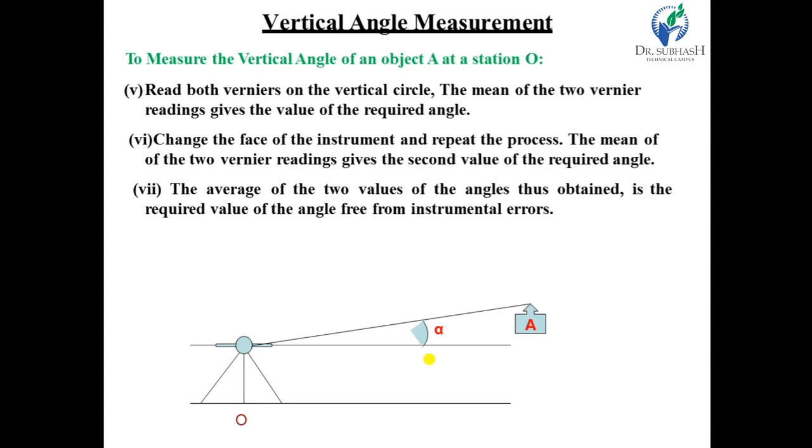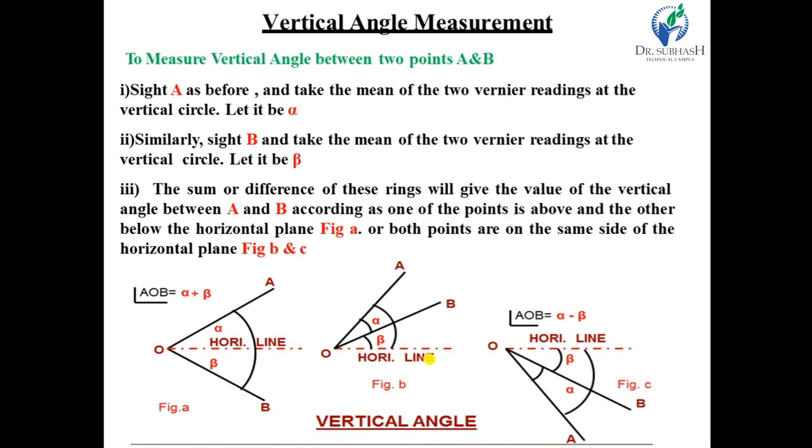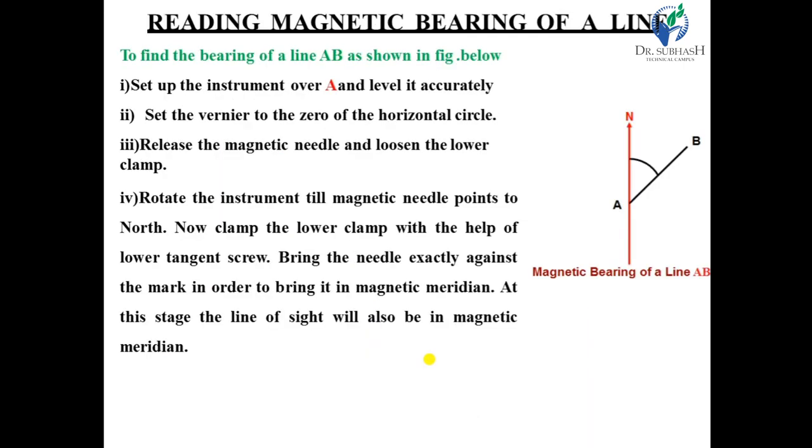Now change the face and repeat the same procedure, getting the readings and their mean. The mean of both sets of readings gives the accurate value of the vertical angle. That is an example of the vertical angle between two points A and B.